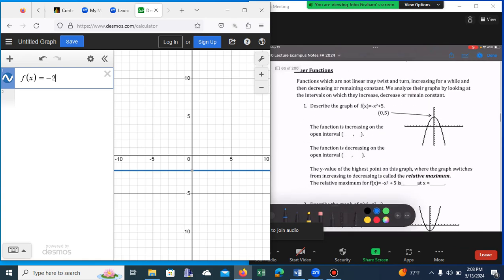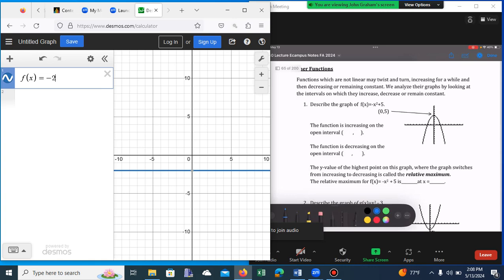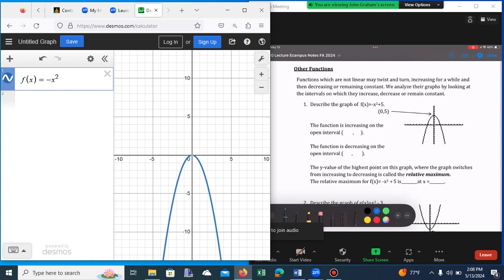Right, so let's look at f of x equals negative x squared plus 5. I know I have the picture here, but graphing it in Desmos, you can actually see that that is 0, 5. Right, now you're increasing as you go left to right on the left side of this.